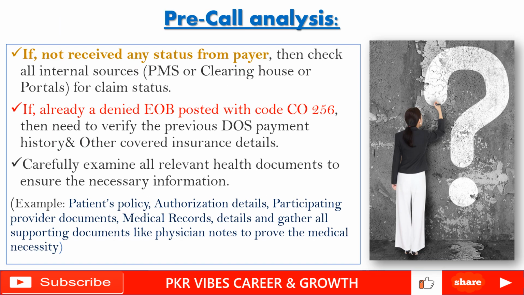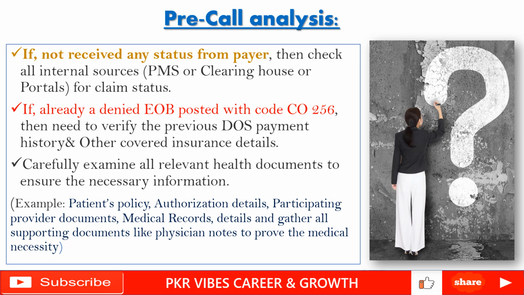Okay guys, now we are discussing the pre-call analysis for the CO 256 denial. For example, if you have not received any claim status from the insurance company, a medical claim was submitted and we didn't receive any response back. At that time, you should check all internal sources, like your doctor's billing office, the practice management system, which is your software, and the clearinghouse you are using.